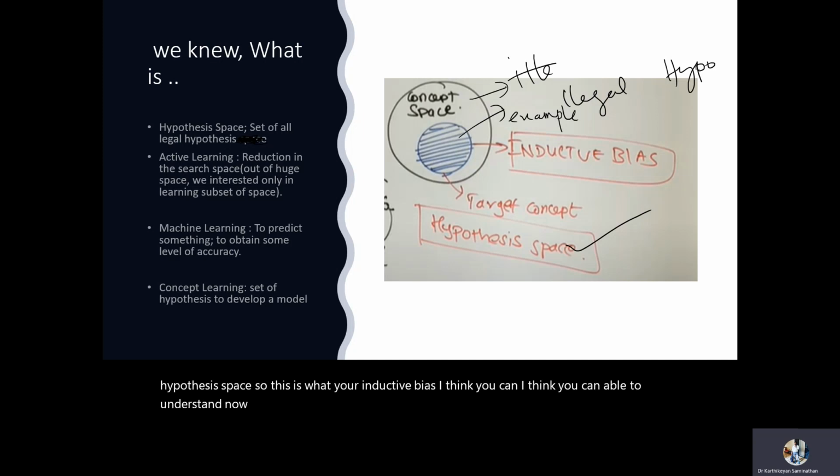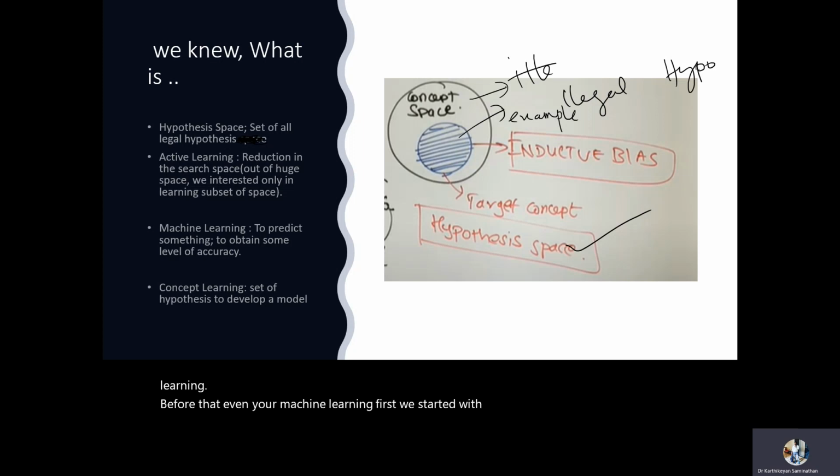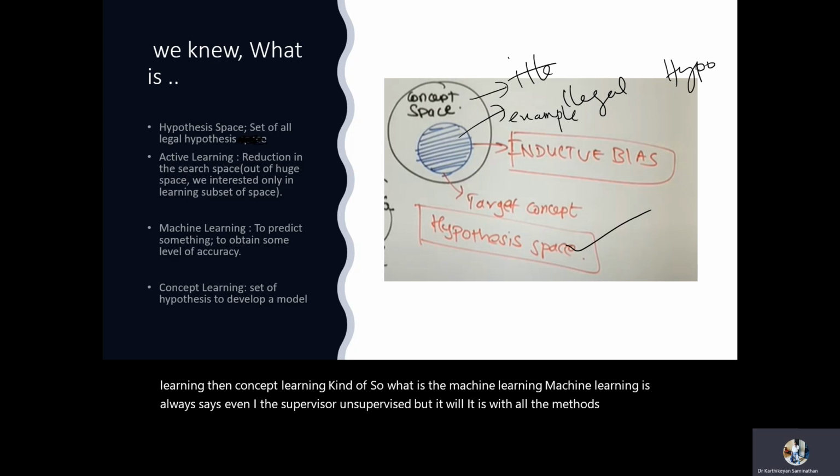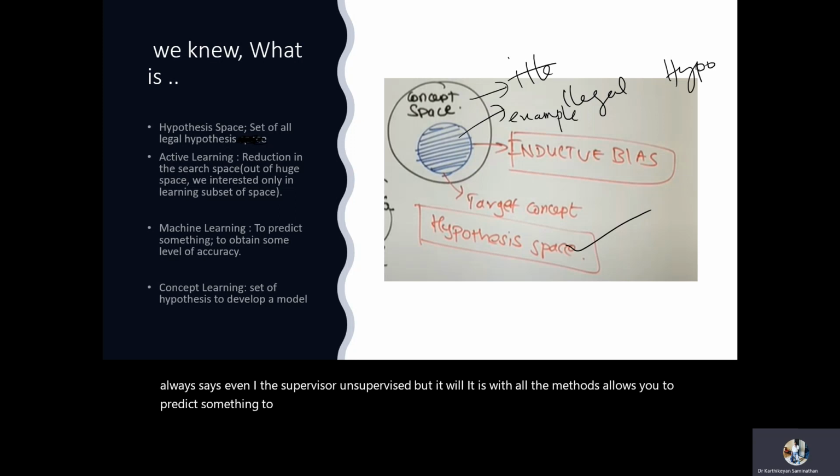So what are the three types of learning? These all come under concept learning, right? Before that, first we started with active learning, then machine learning, then concept learning. So what is machine learning? Machine learning, either supervised or unsupervised, all the methods allow you to predict something to obtain some level of accuracy. That is what machine learning is all about. Then what is active learning?